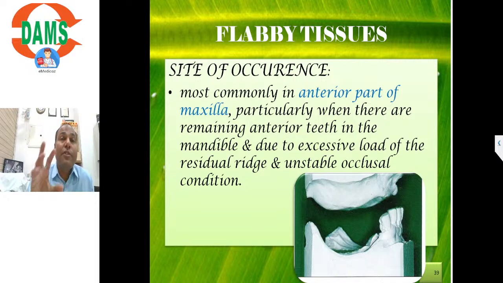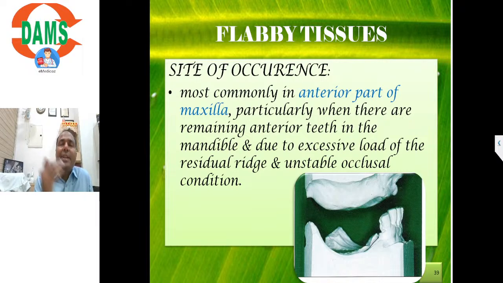Now, what is the pathophysiology? Understand this. When we are talking about the pathophysiology of combination syndrome, because proprioception is present only with respect to the lower anteriors, right? When the patient is eating, he will definitely try to eat from the anteriors because teeth and proprioception are present.